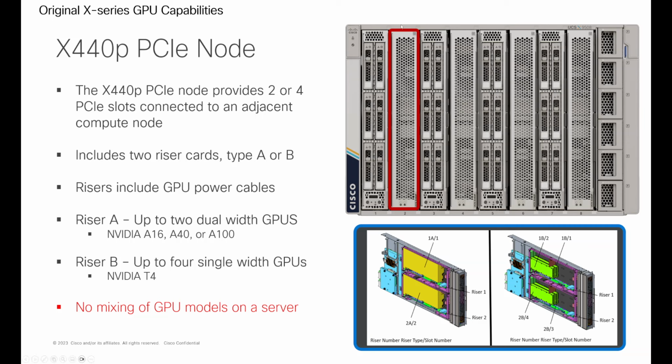And if you look in slot 2 right next door, the one highlighted with the red outline, you will see a GPU node, i.e. the X440P PCIe node. So what we want to do here is assign the GPUs that are on the X440P node in slot 2 to the compute node or server that's in slot 1. So the question is, how do we do that?